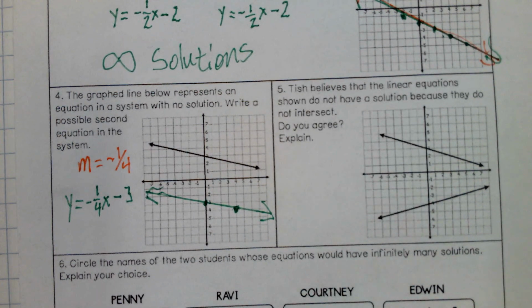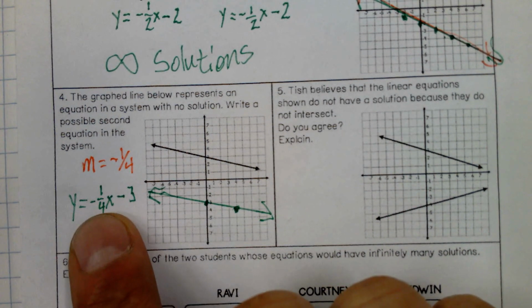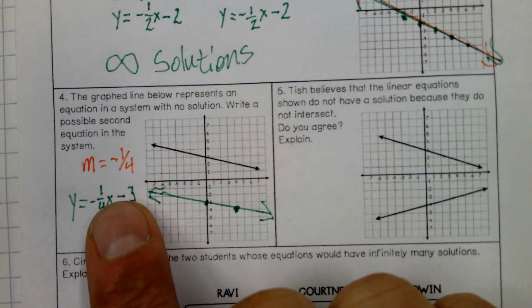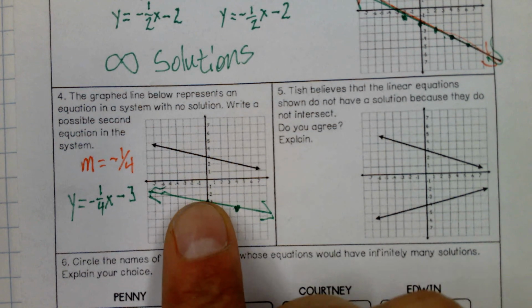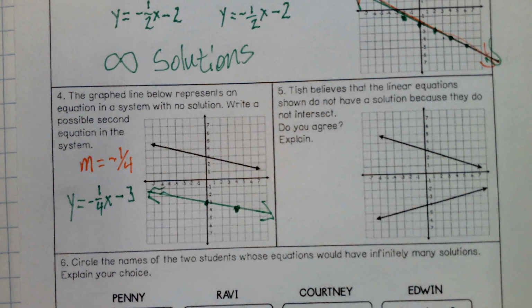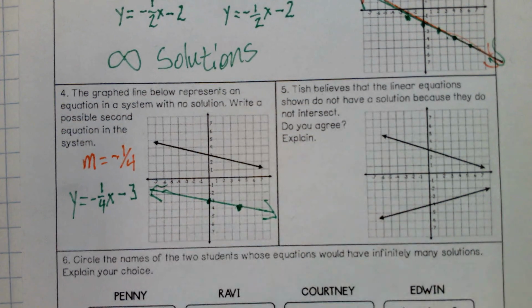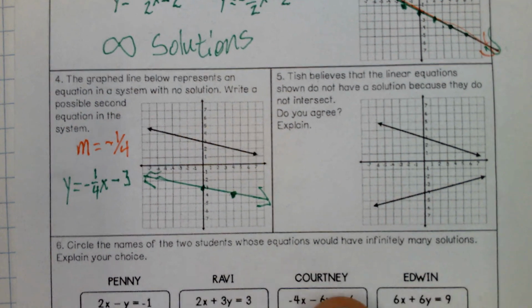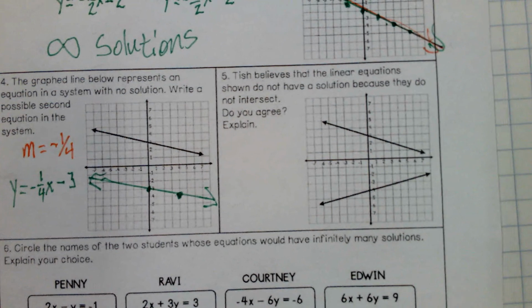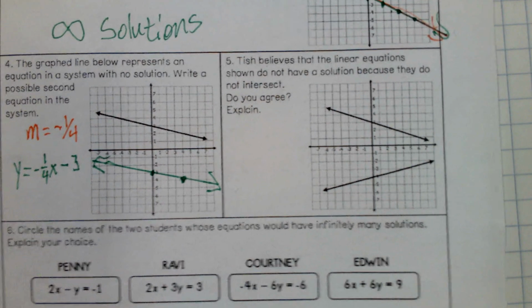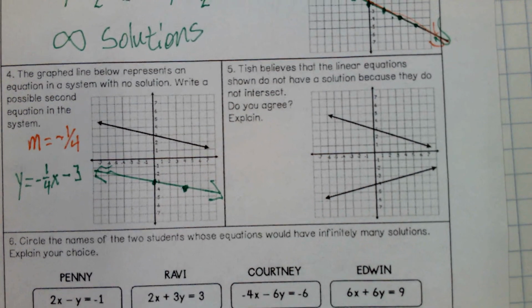I have to have -1/4 as my slope, but I chose -3 as the y-intercept. So you could have had anything except 3 as the y-intercept. So here's my equation and my line. Okay. We'll do 5 and 6 and then call it, and then we'll get to the assignment.